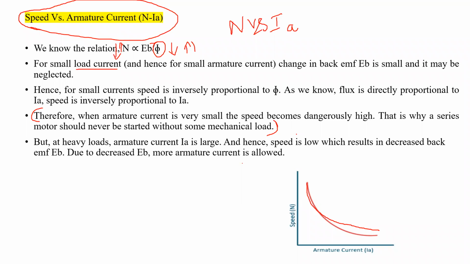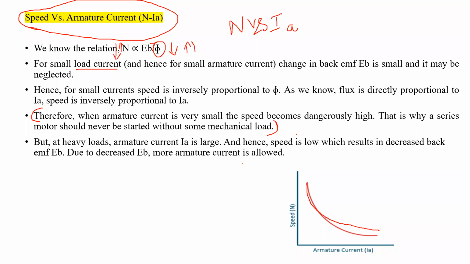Because of torque, sir. Yes, please, anyone, only one. Sir, if we start the motor at light load, then speed goes to infinity, then it is dangerous for the motor. Yes, because when the DC series motor is starting with light load, light load means the armature current is going to be neglected.